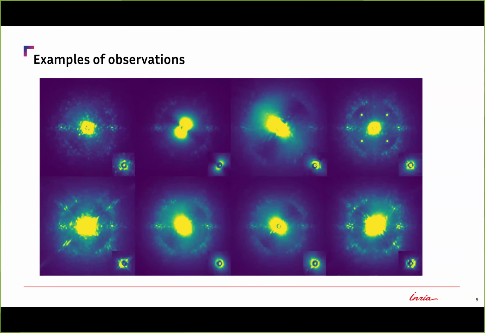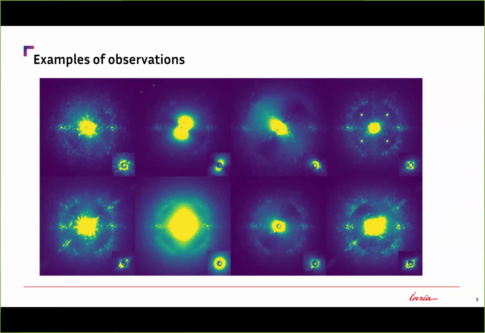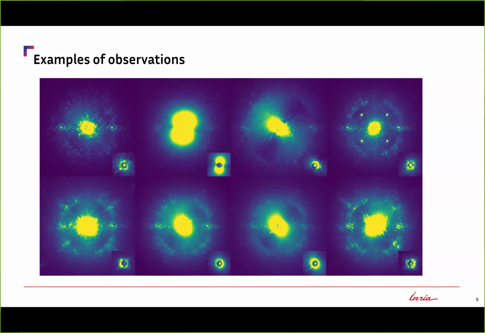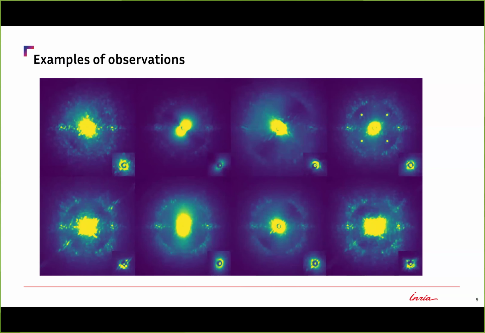We can see that during the temporal evolution, the pattern of the star is quite different from one observation to the other. It's caused mainly by turbulence in the atmosphere, things that are out of the control of astronomers.